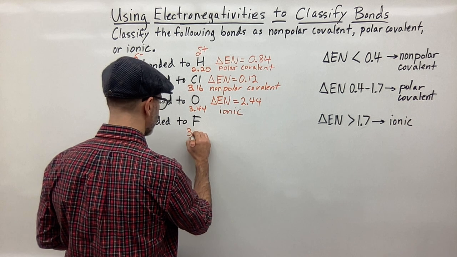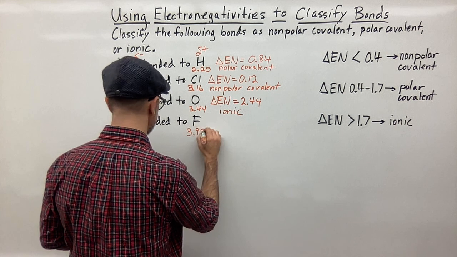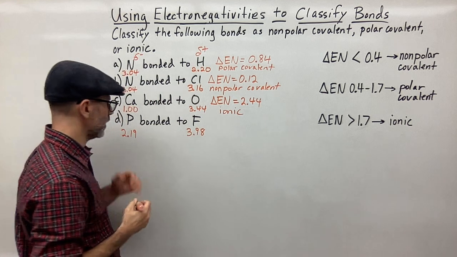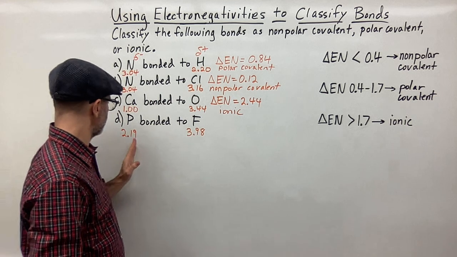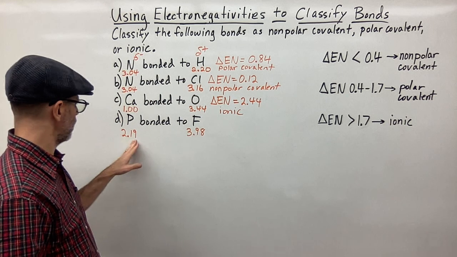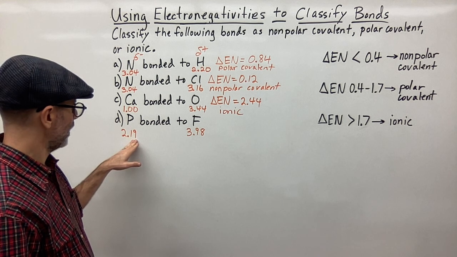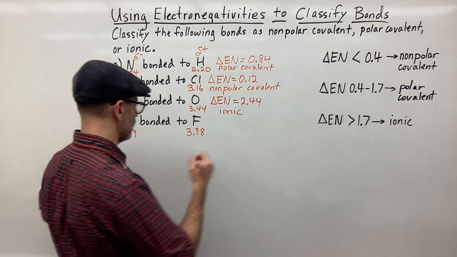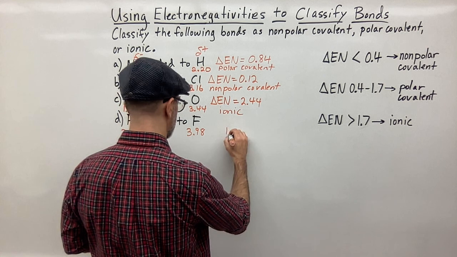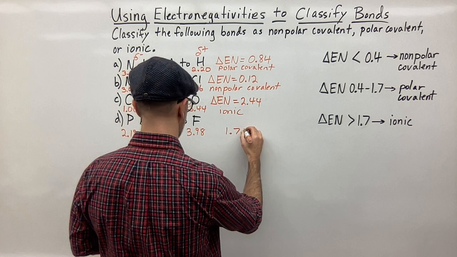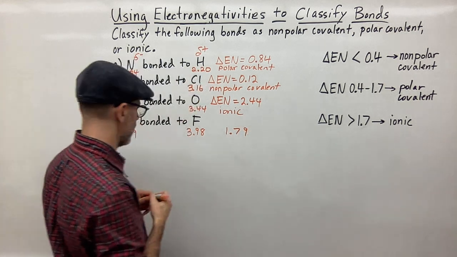So the electronegativity difference between these is going to be, let's see, 3.98 minus 2.19. Yeah, that's going to be an electronegativity difference of 1.79.